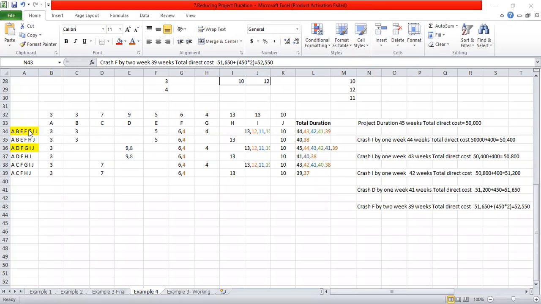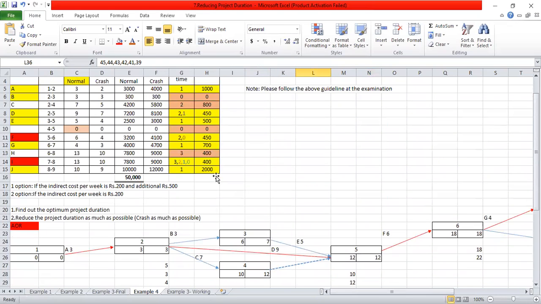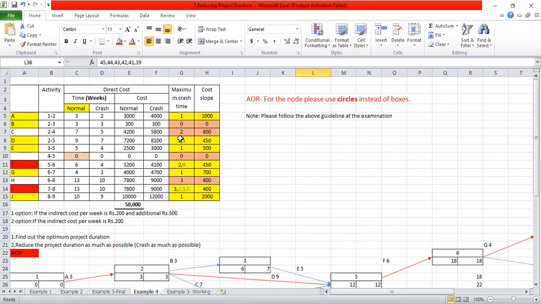Can you see these two paths are common? Still, these two paths are common, right? So we will see which activity we are going to crash now. D activity is not common for that path.